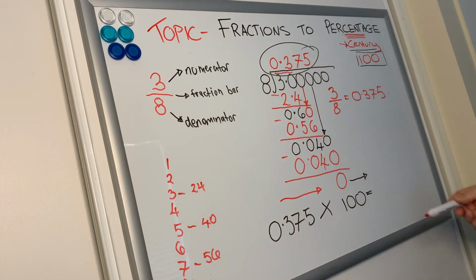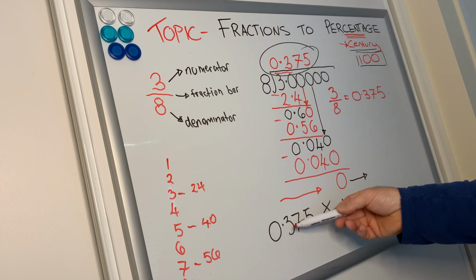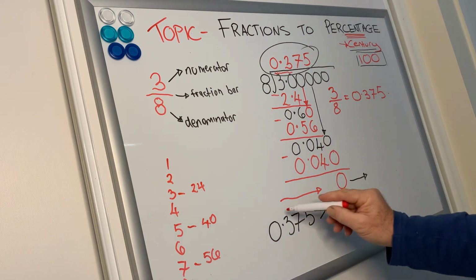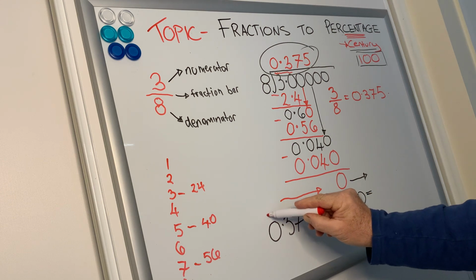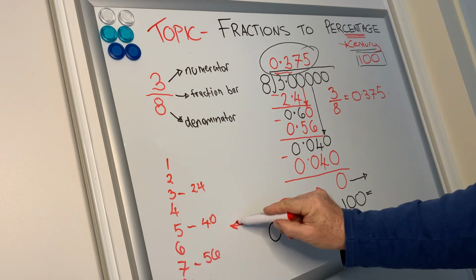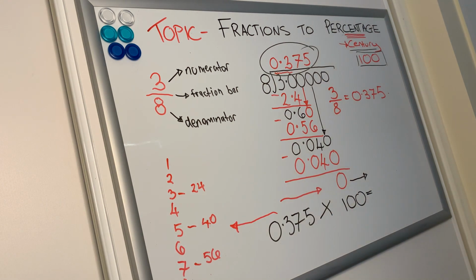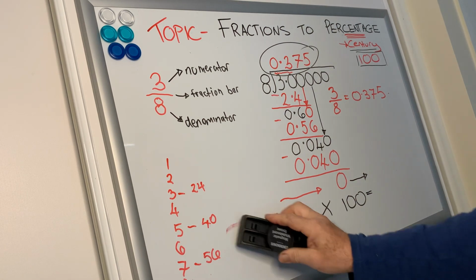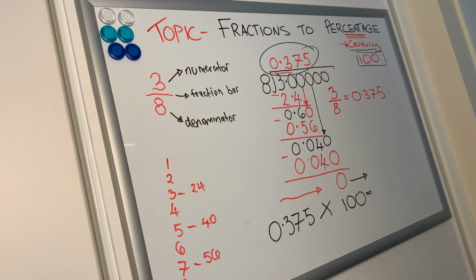Just in reverse, if we were going to say 0.375 divided by 100, that means the number is going to get smaller, so the decimal point will go to the left. Just a bit of knowledge there for you, which we'll go through on another exercise, but I just thought I'd mention it while we're here.